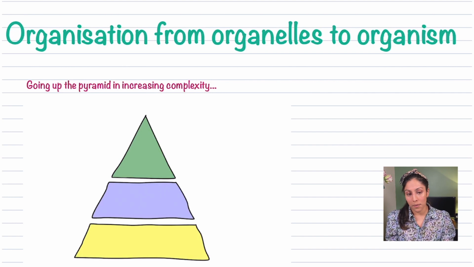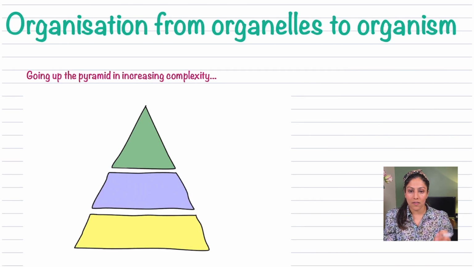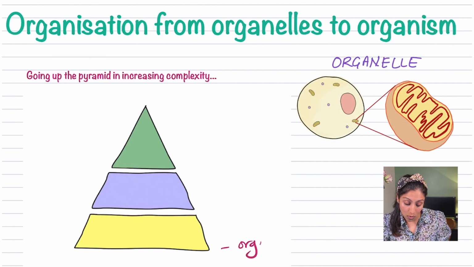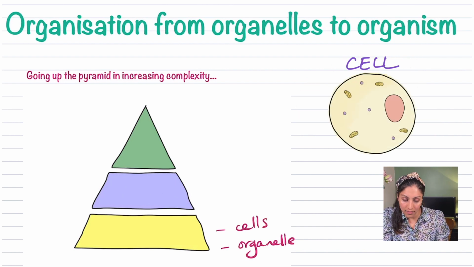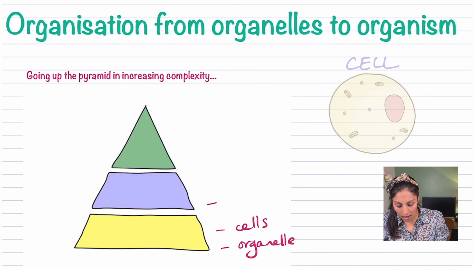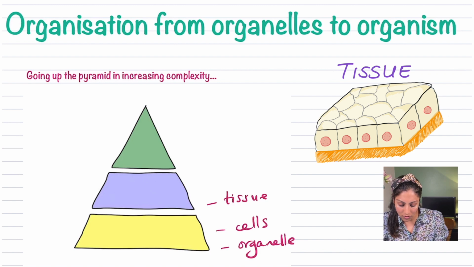Now, if you look at the pyramid of complexity, the very, very basic of things actually is an organelle. And these are little subcellular structures that are actually found within cells. So you've got your organelle, then you have your cells, and then if you get lots of cells and you put them together, you will have something called tissues.